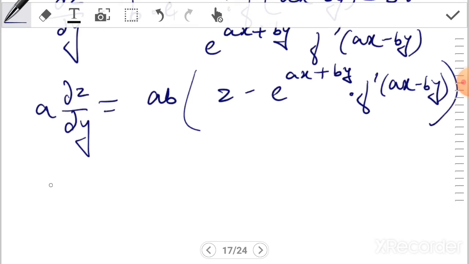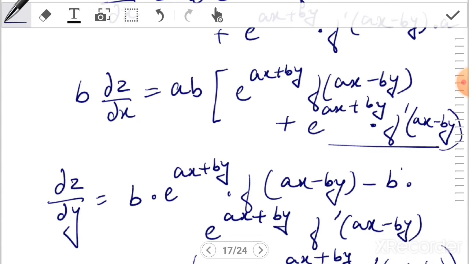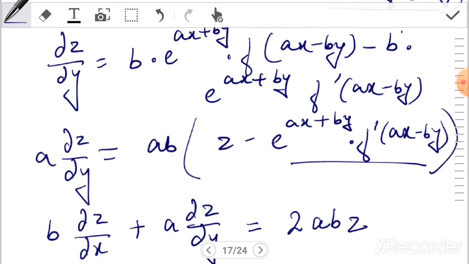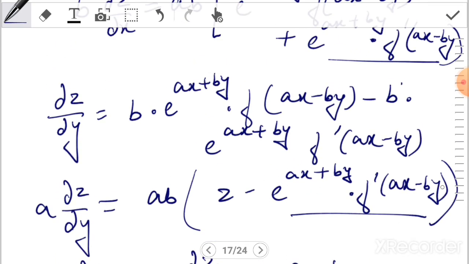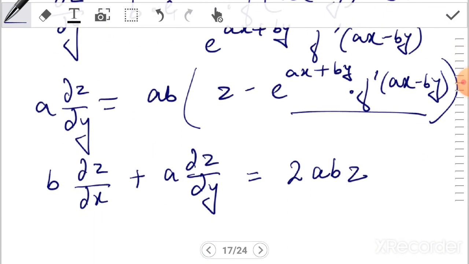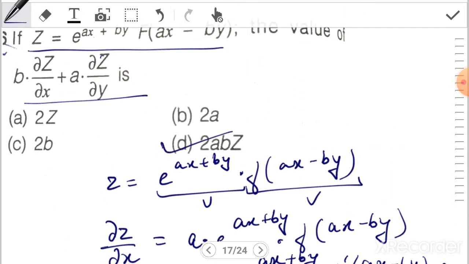If you add b del z by del x and a del z by del y, this will get cancelled. So you will be left with 2abz, because the second term will be cancelled. So abz plus abz will result in 2abz. So D is the right answer.